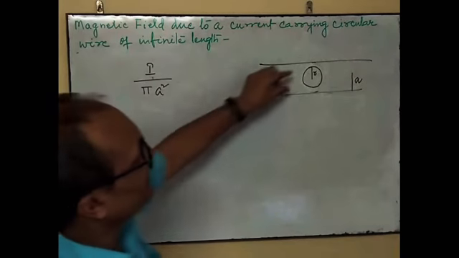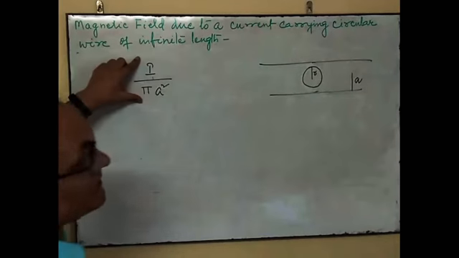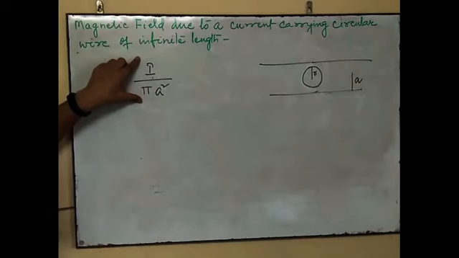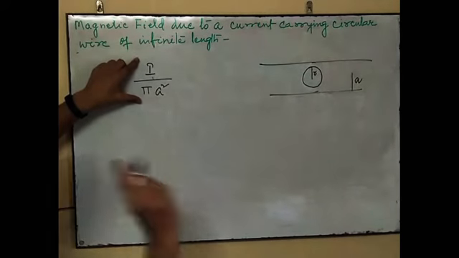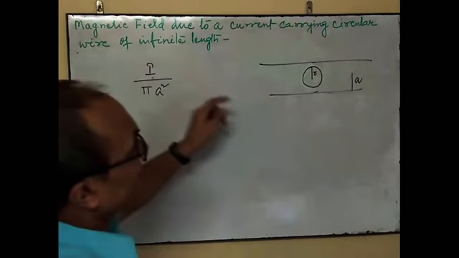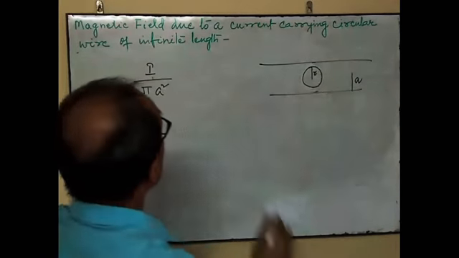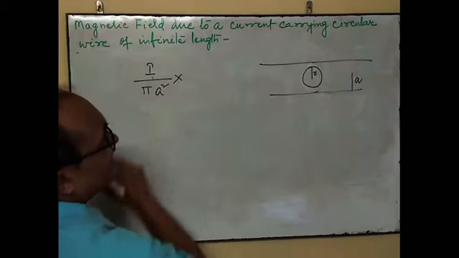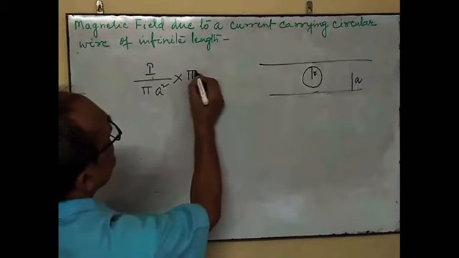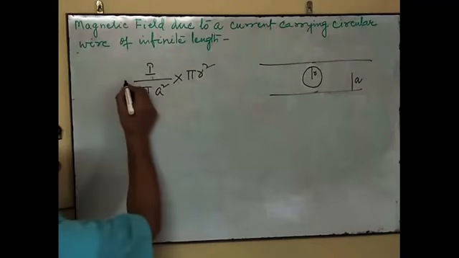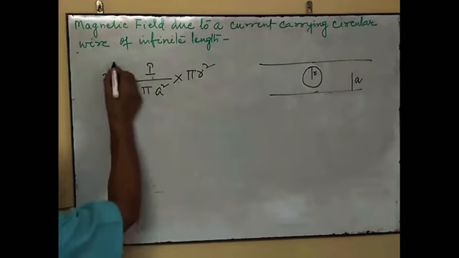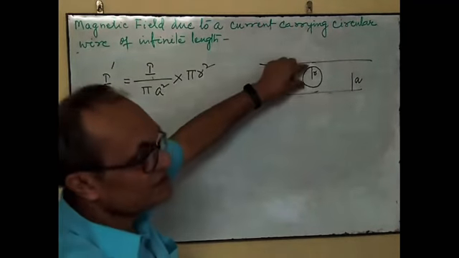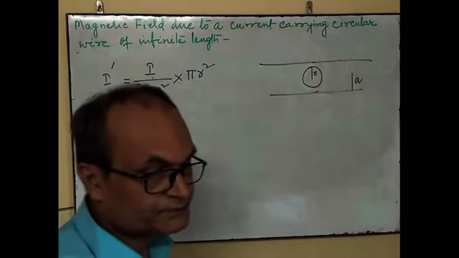Now this is the current flowing through the unit cross sectional area, and we are going to find the current through this smaller area. So if we multiply, this is the value of the current flowing through this cross sectional area.